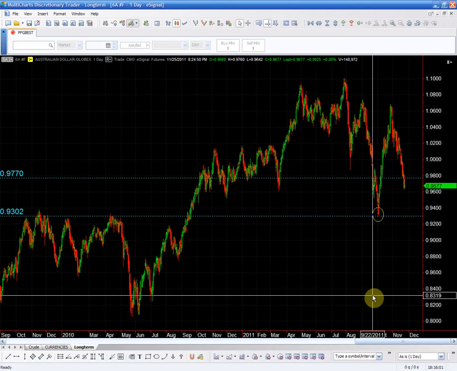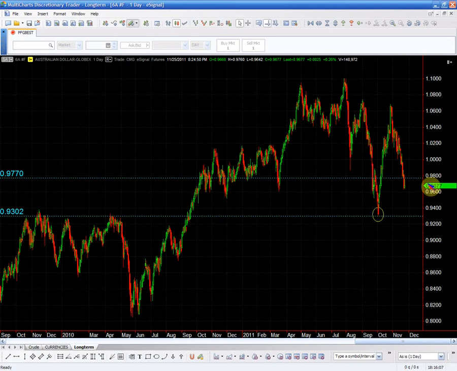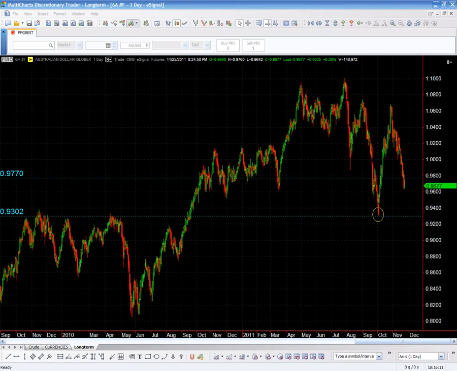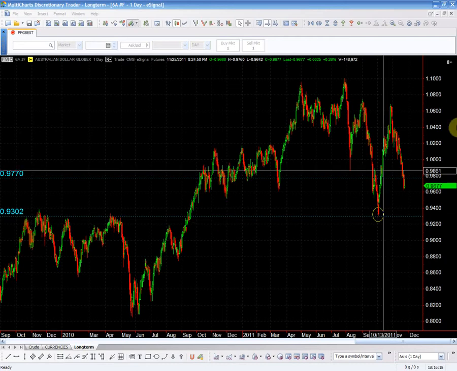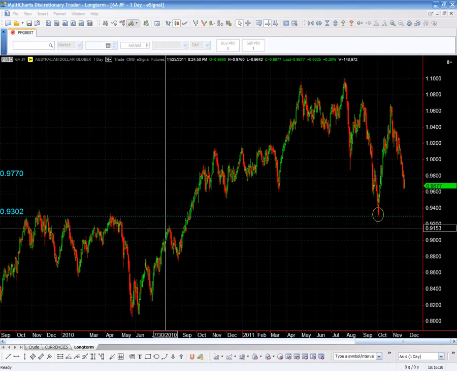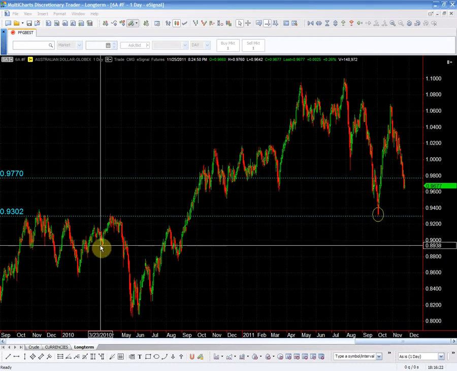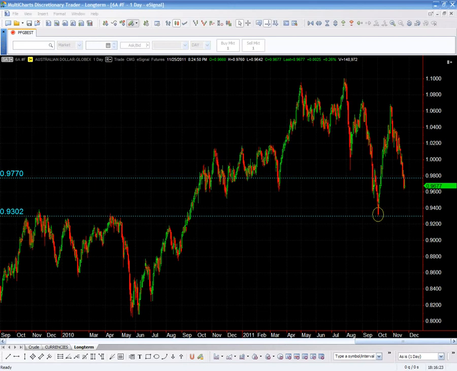But in any case, we should be looking for a test of the 93.02, and we have a possible move of about 400 pips to the downside. And that again is a good target for us, and that is also another sign of weakness.